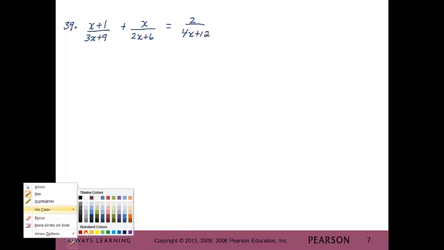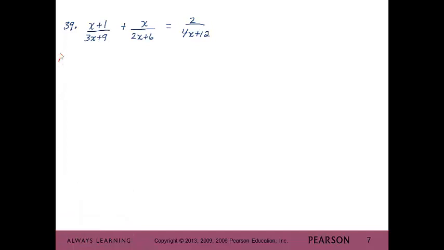So let's start by finding the restrictions on our variable x. So set each one of your denominators not equal to 0 and solve for x. So 3x plus 9 cannot equal 0. Subtract 9 on both sides, and we have 3x cannot equal negative 9.